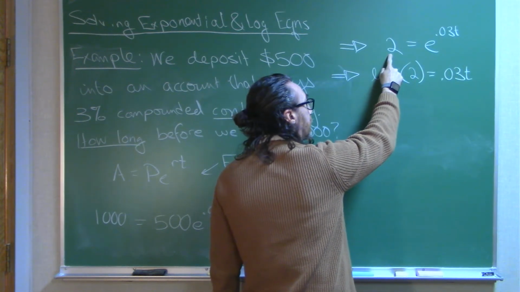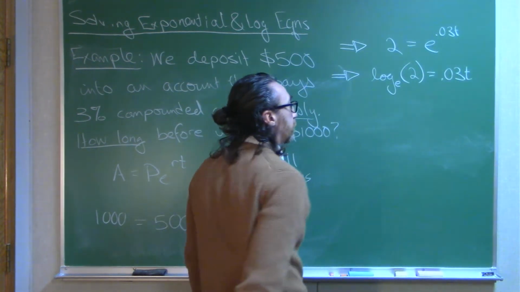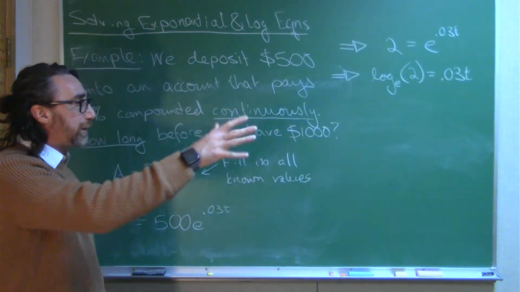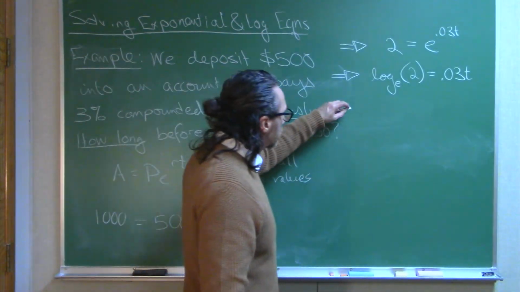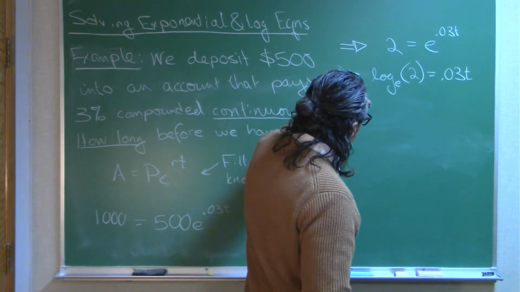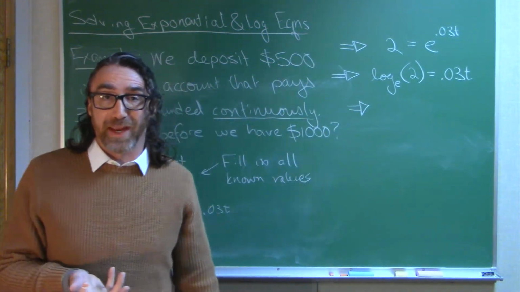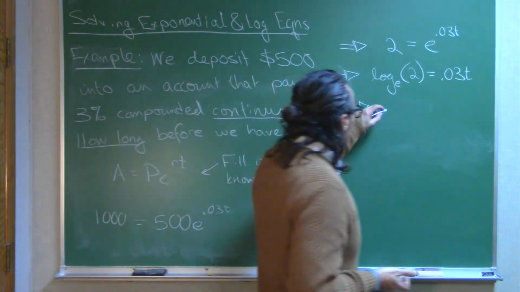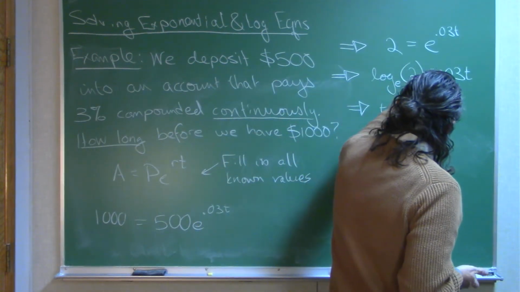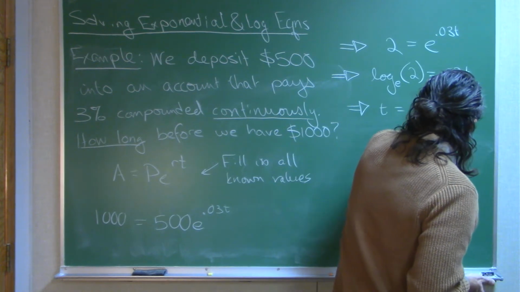What exponent do I need to use? Well, the log function tells me the exponent to use. Fortunately, we're dealing with log base e. You have a log base e button on your calculator called ln. All right, so I'll use that notation here.